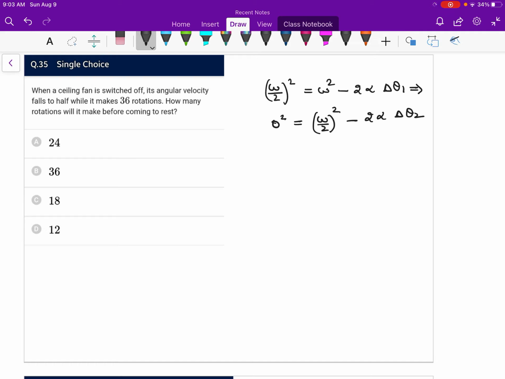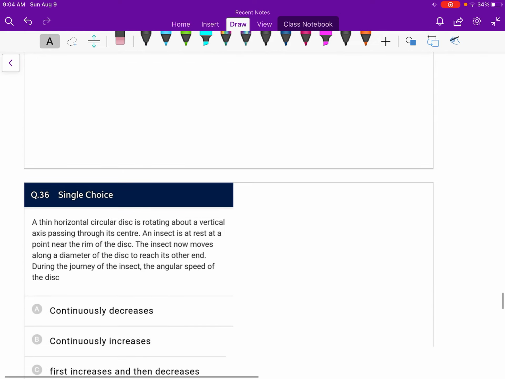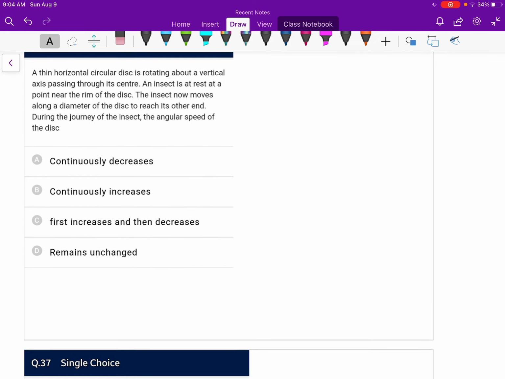So from the first equation, 2α Δθ1 is 3 by 4 ω², and from the second equation 2α Δθ2 is ω² by 4. So Δθ2 is Δθ1 by 3, that is 12 rotations. So the further rotations executed are 12. So D is the correct option.